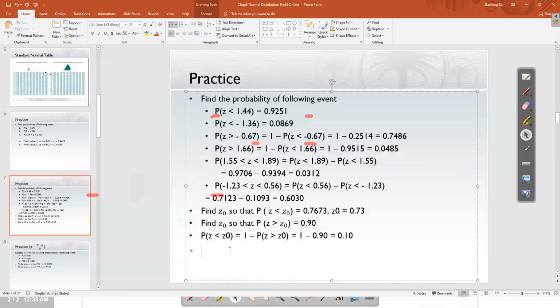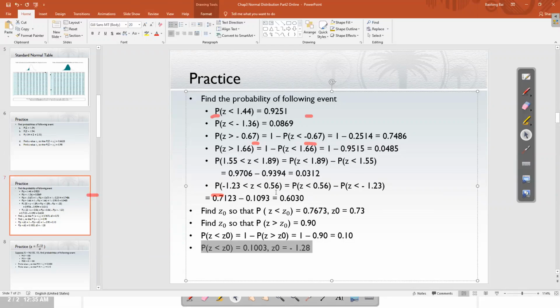So we can say we couldn't find an exact match of 0.10, but we were able to find the closest as 0.1003, right? Then z of 0.10 will be negative 1.28. Okay.